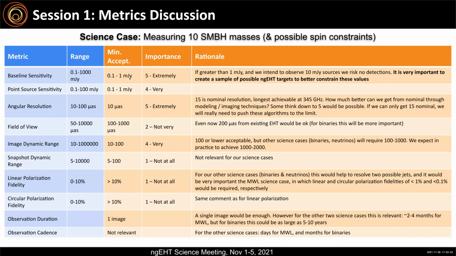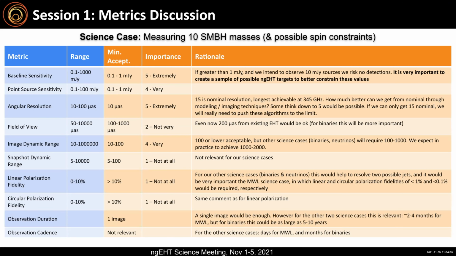We need to keep in mind that most of the sources that we are expecting to try to determine these black hole masses and spins are going to be very weak. We are always talking about Sgr A* and M87, but these are beasts. These are really bright sources. But the sample of sources we may be dealing with could be 20, 50 microarcseconds or even below that. So this could be an extremely important metric for the baseline.